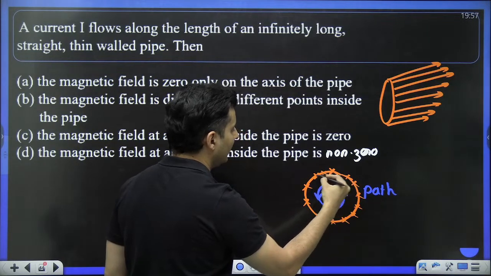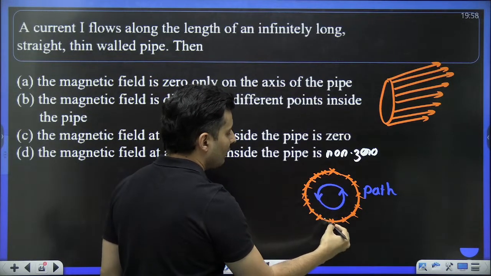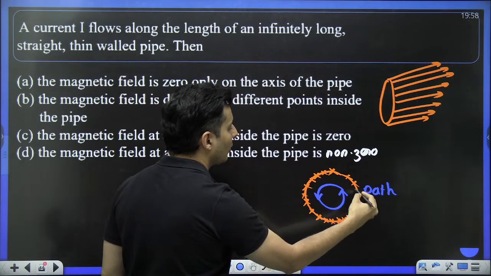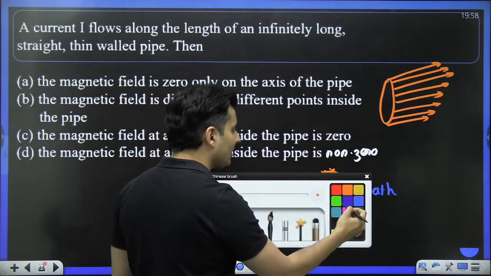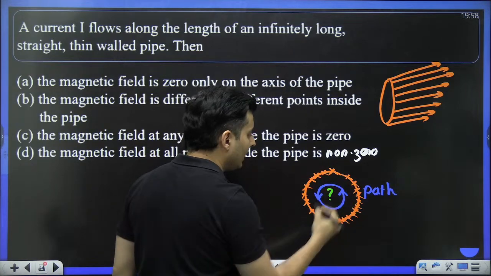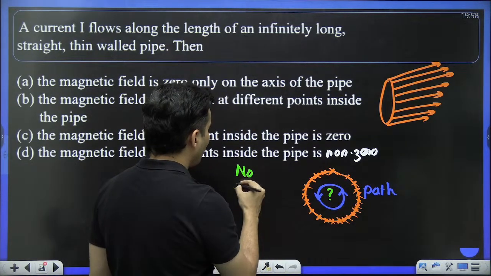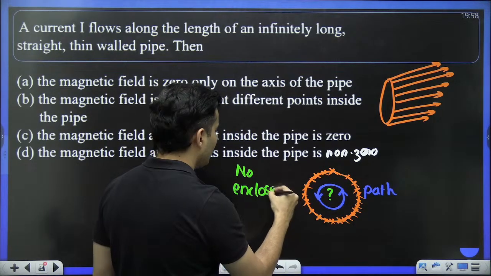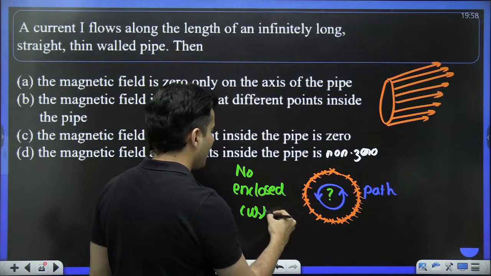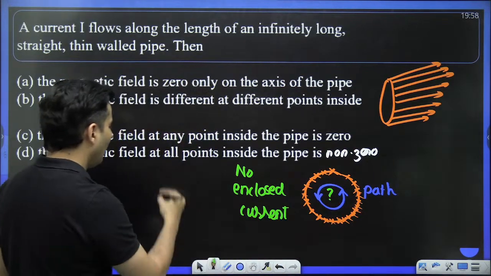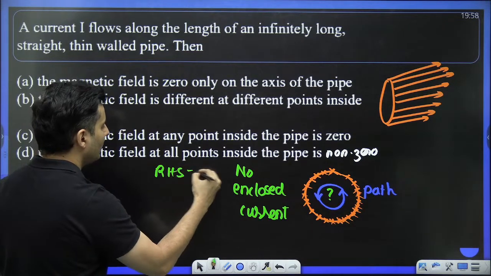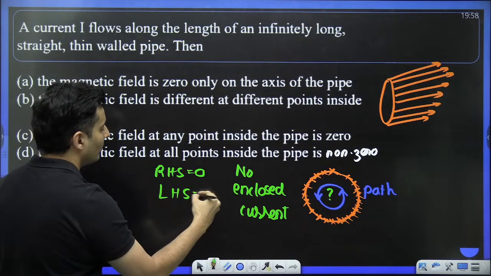It's not a solid like before. If you notice, there is nothing to be enclosed. What is the current which is enclosed? There is no enclosed current. If there is no enclosed current, obviously the RHS will be 0. That means the LHS will be 0.